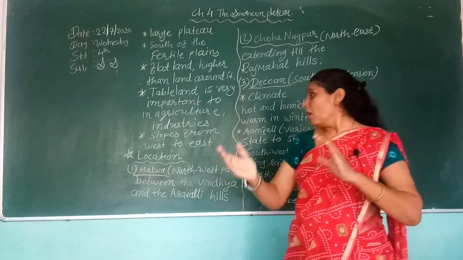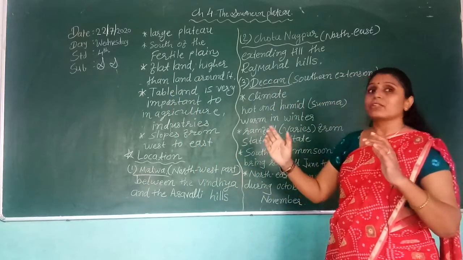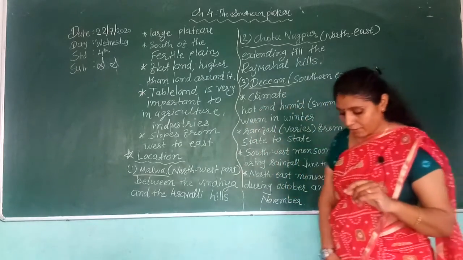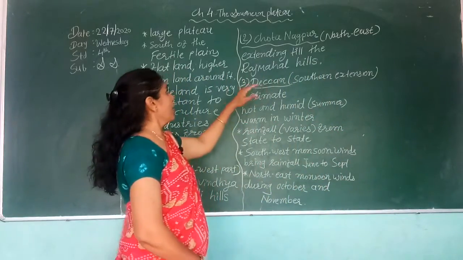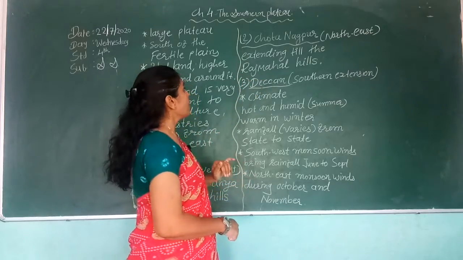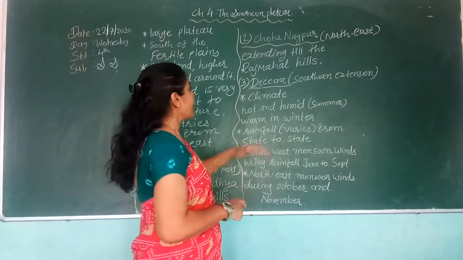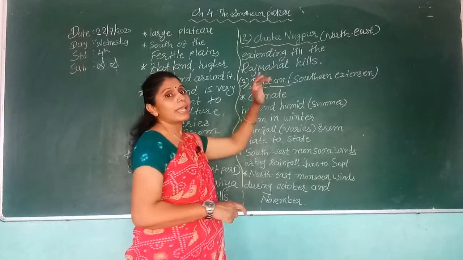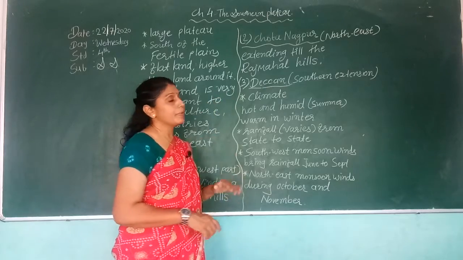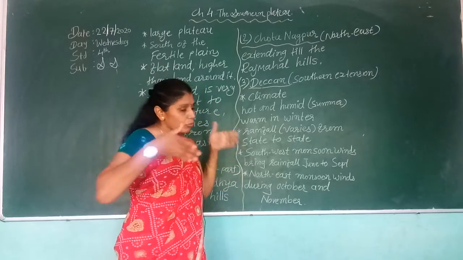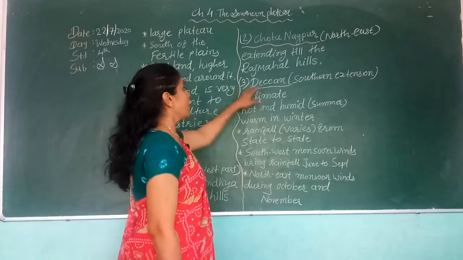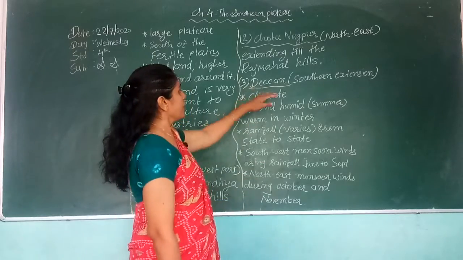The Malwa is the northwest side, and the Chota Nagpur is the northeast side, extending till the Rajmahal hills. And the third is the Deccan, the southern extension, the other portion of it. The Deccan area.